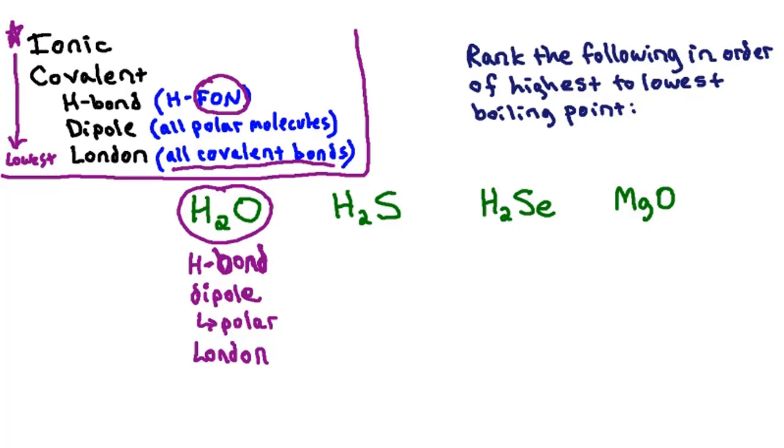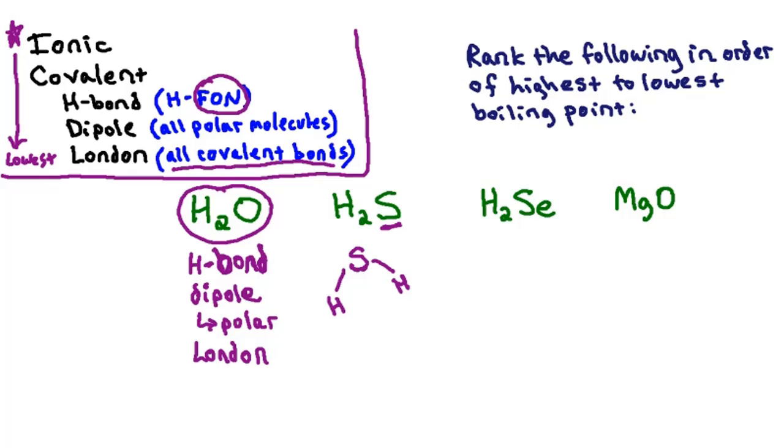Now the next one, H2S, this is not a hydrogen bond because hydrogen bonds are only hydrogen connected to fluorine, oxygen, or nitrogen. Now this is connected to sulfur, so this is not a hydrogen bond. But it is polar because when you draw it out, you have sulfur, and then it's a bent molecule, and hydrogens are on one end of it.